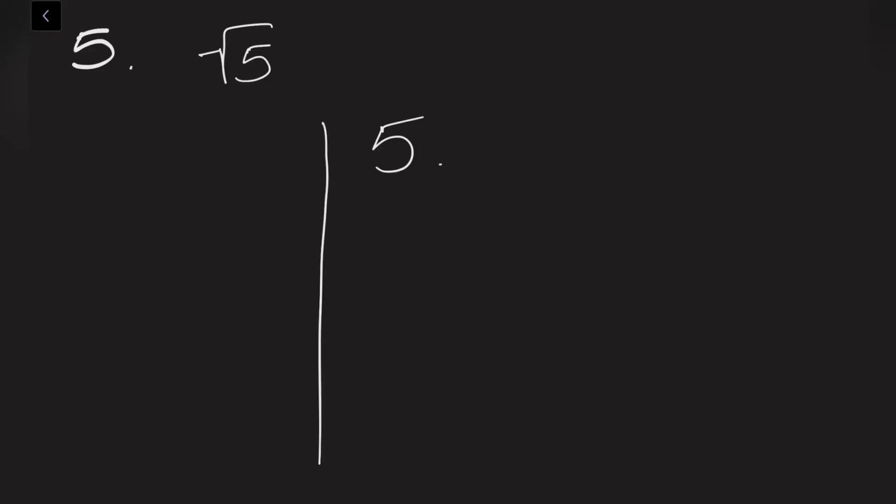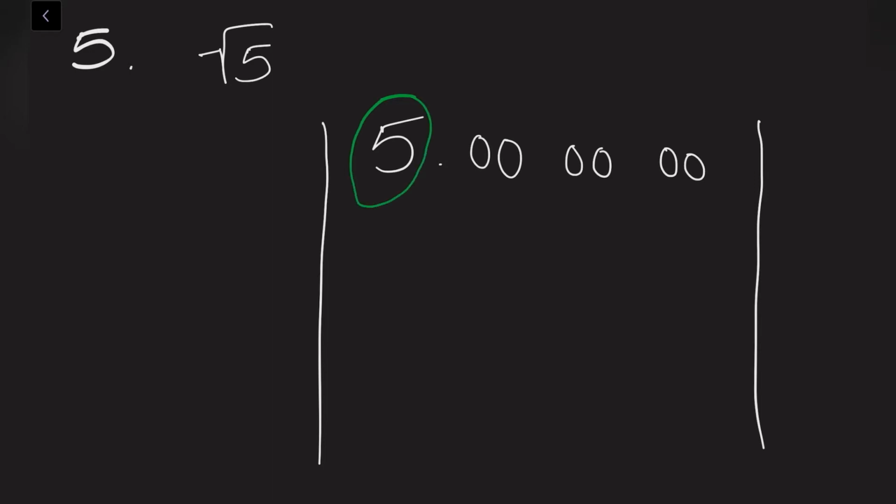Keep one dot and write many zeros. Always those zeros should be in pairs. Here it is asking for 3 digits after the decimal, so that's why I am taking 3 pairs of zeros.